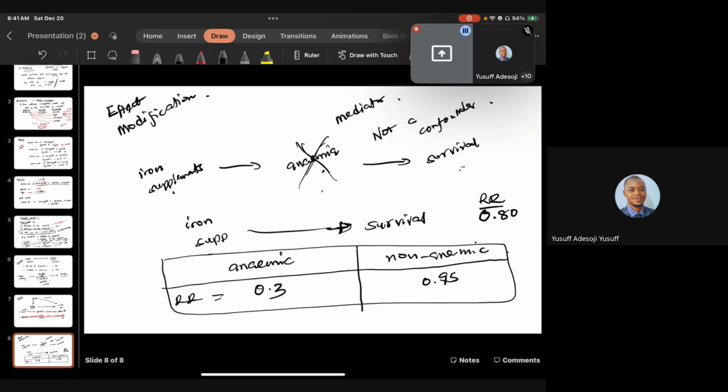If it is not on the causal pathway, then it could be a confounder, and a variable could be both a confounder and an effect modifier. But the key thing I want you to remember now is that if it is on the causal pathway, it is definitely not a confounder.